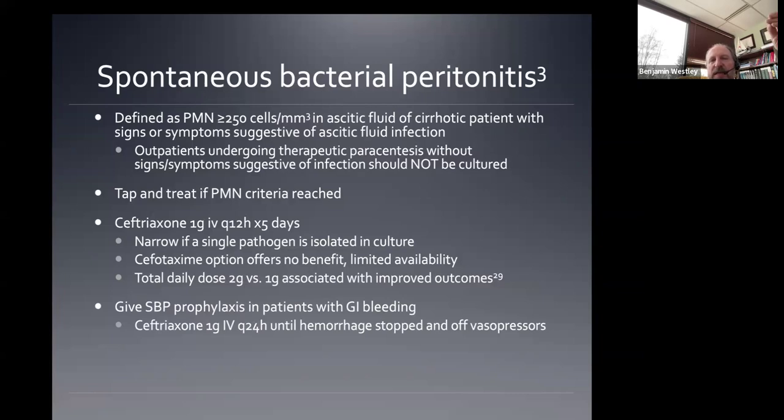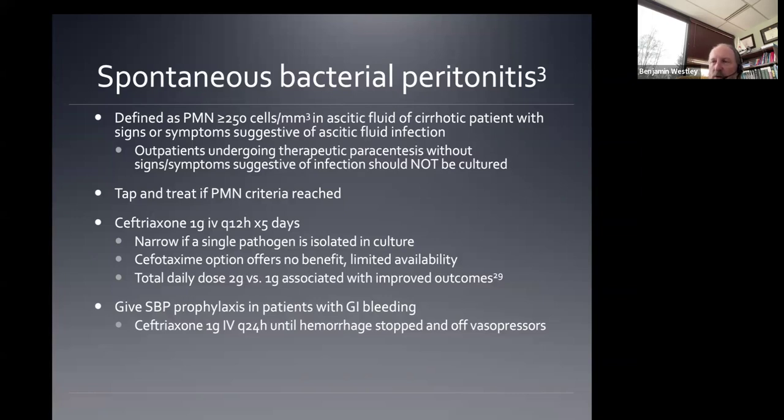The other thing is that if somebody is admitted to the hospital with GI bleeding, it could be upper or lower. Many of these patients have upper GI bleeding, like varices, coughing up or vomiting up blood, and are sick. Then that is a risk factor for spontaneous bacterial peritonitis, and they recommend giving antibiotic prophylaxis.